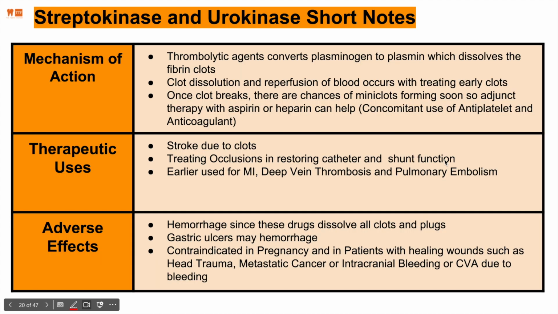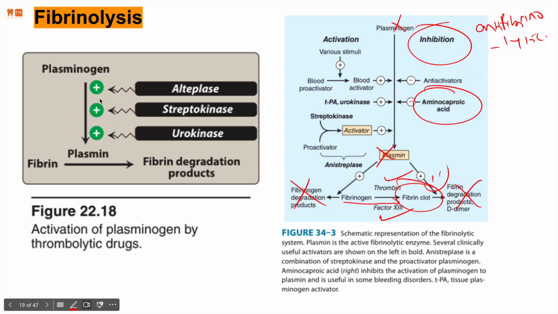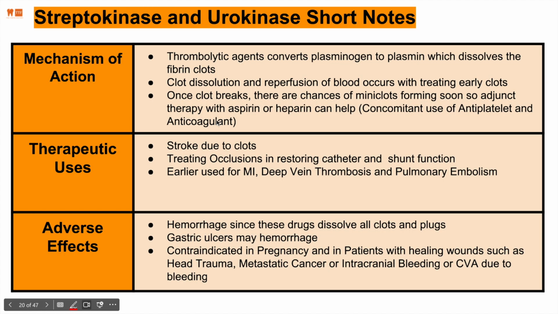Okay. Let's talk a little bit about streptokinase and urokinase. The mechanism of action of these drugs that are fibrinolytic, it's thrombolytic agents. They convert plasminogen to plasmin, which dissolves the fibrin clot. Clot dissolution and reperfusion of blood occurs with treating early clots only. So if a clot breaks, there are chances of microclots forming.